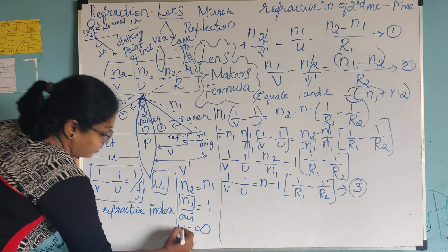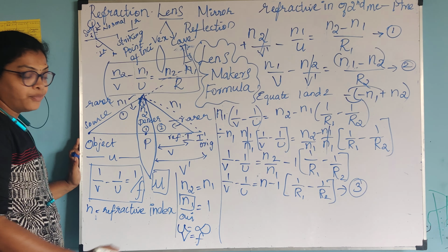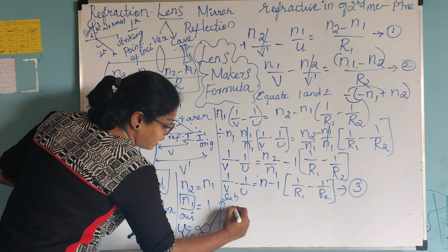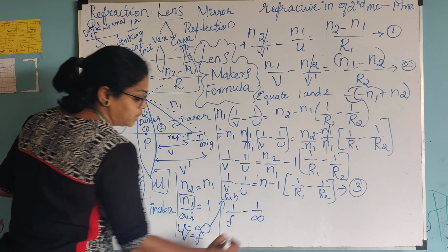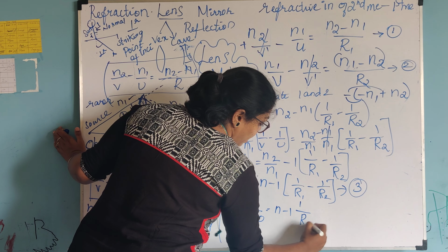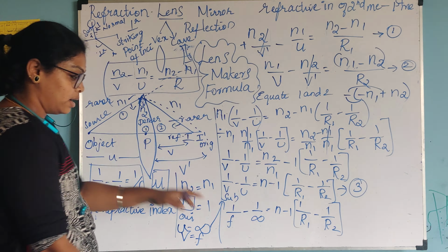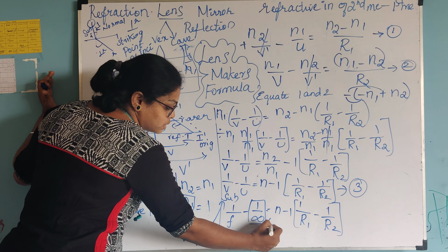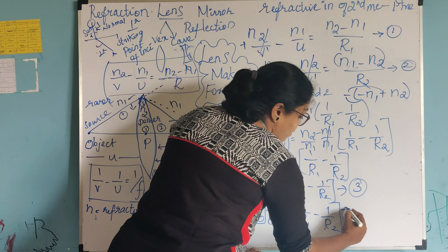The object is at infinity, whereas V is equal to F. So in the place of V, we have 1 by F minus 1 by infinity, which is equal to N minus 1, into 1 by R1 minus 1 by R2. Clear? What can be done here? 1 by infinity is equal to 0, since anything divided by infinity is 0. So now I have a fourth equation.